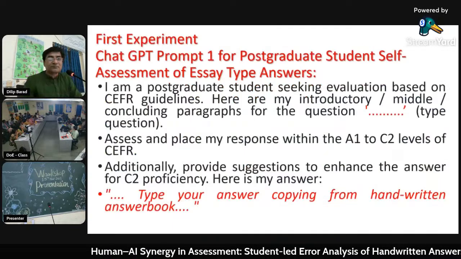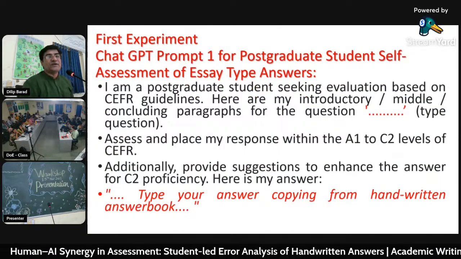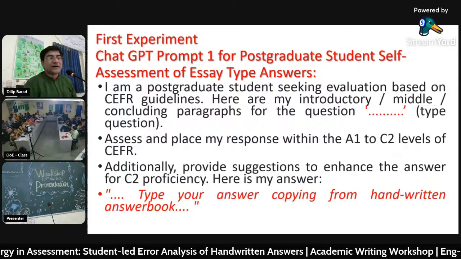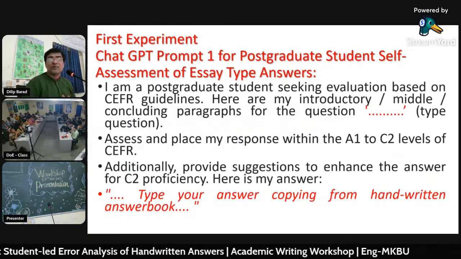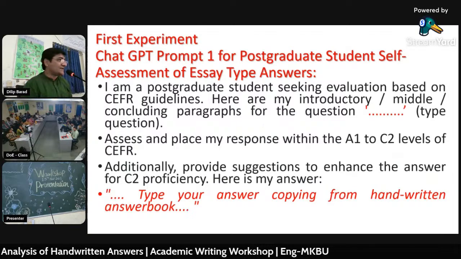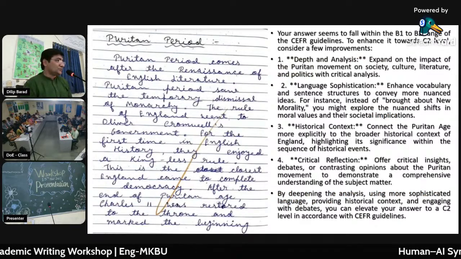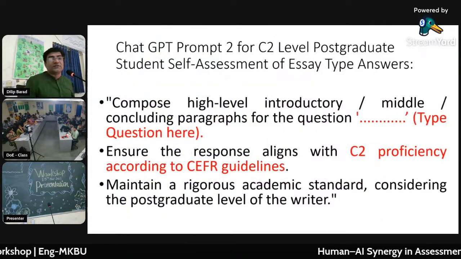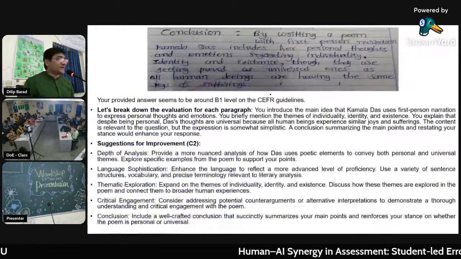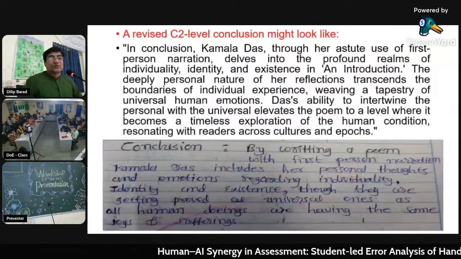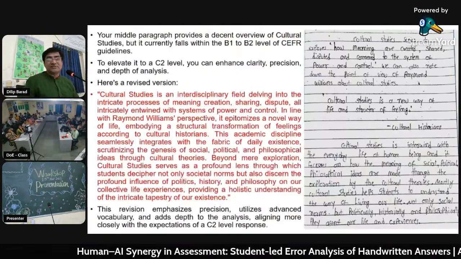So that we have done. The first experiment we did was with CEFR last year. That was the Common European Framework, for IELTS and other exams. And we got a good result in that also. So we carried on with the other responses. These were all the responses of previous batches of students.